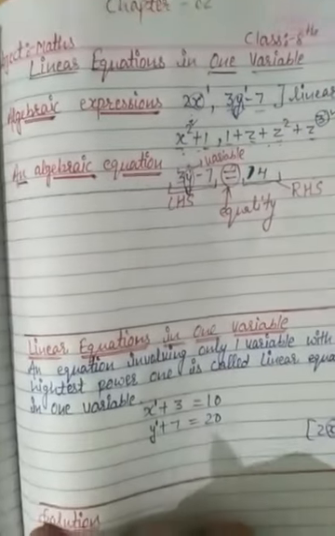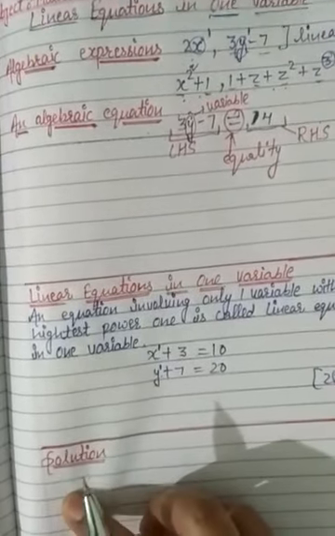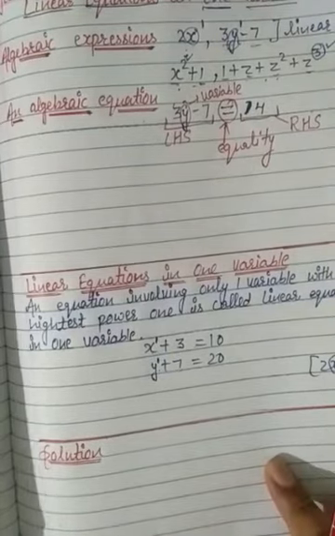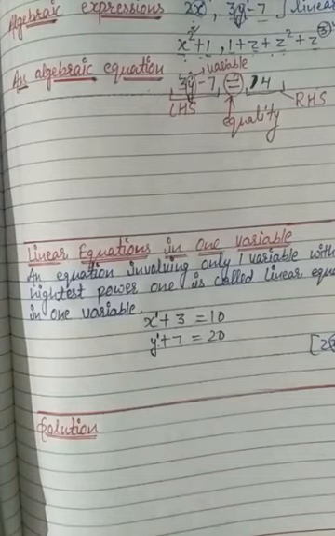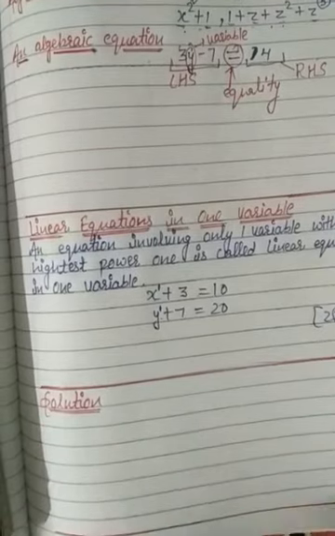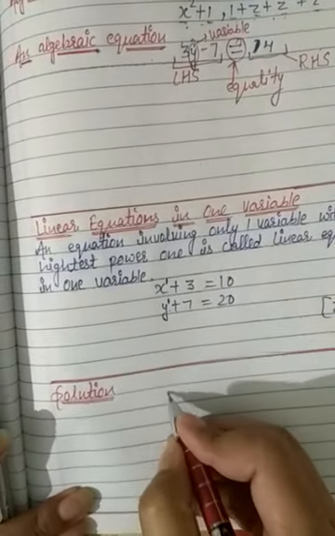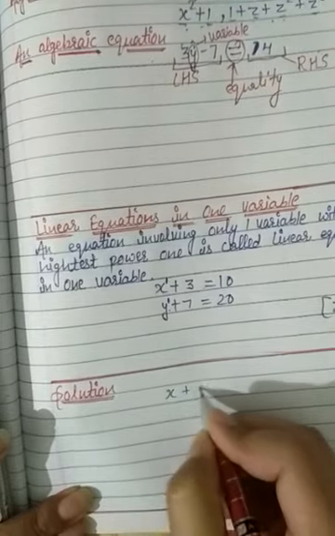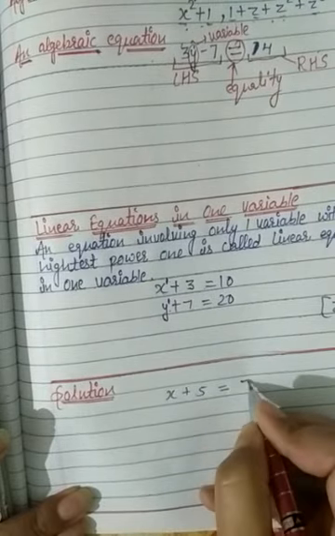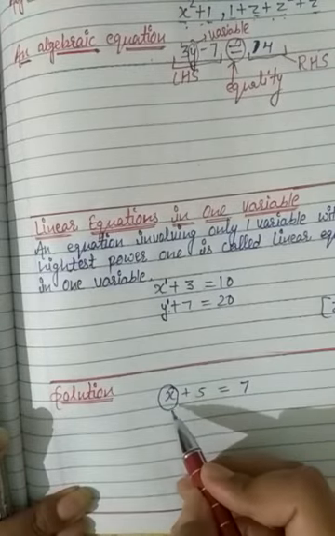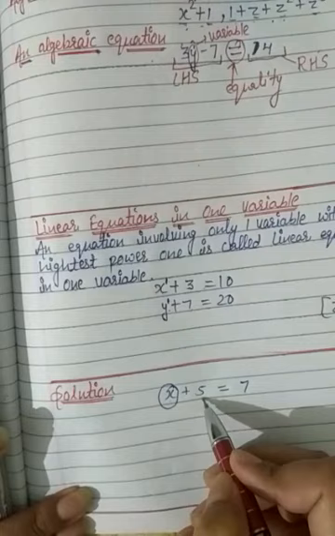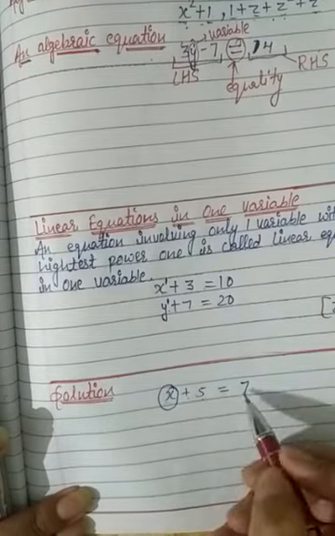And the last important point is solution. What do you mean by solution of the equation? Solution means a number which when put for the variable in the equation makes both sides equal is called the solution of the equation. I am writing one example of the equation. This is your equation. What value will you put for x so that your left hand side, x plus 5, sum will become 7?